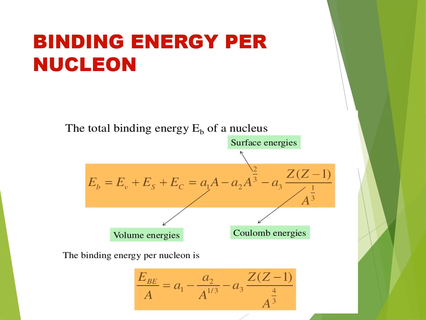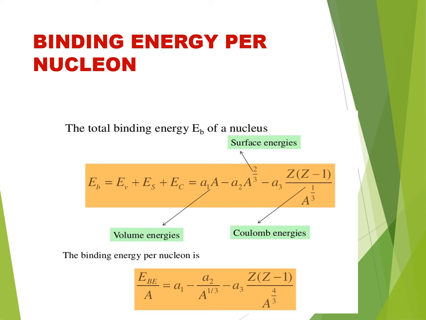The binding energy per nucleon. The total binding energy of a nucleus E is equal to E_V plus E_S plus E_C. That is, the total binding energy of the nucleus is the sum of volume energy, surface energy and Coulomb energy.